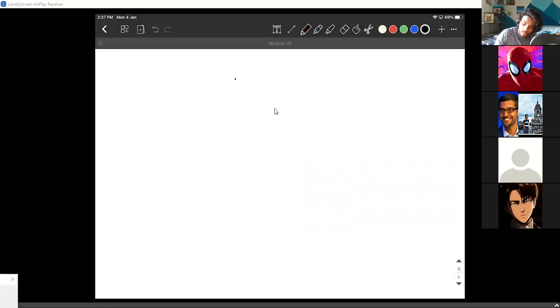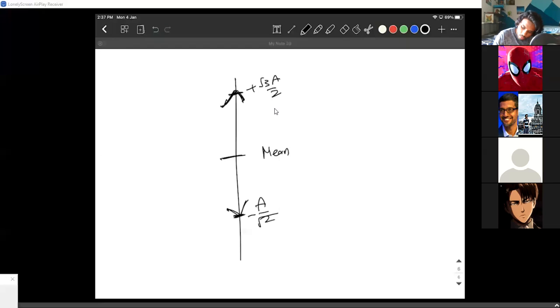Somebody has a doubt? One particle is at plus root 3 A by 2 moving away. The other particle is at minus A by root 2 moving downwards. What is the phase difference?